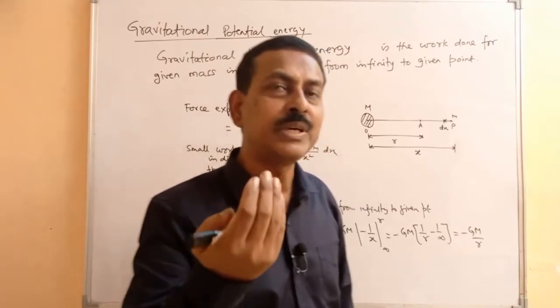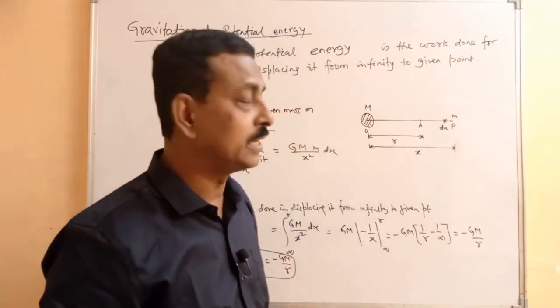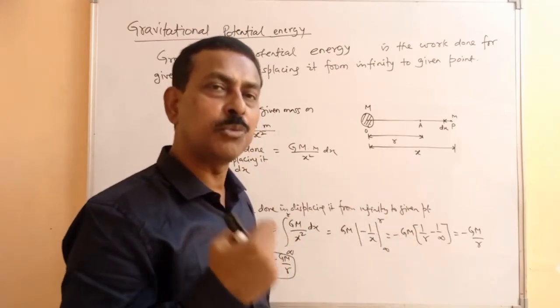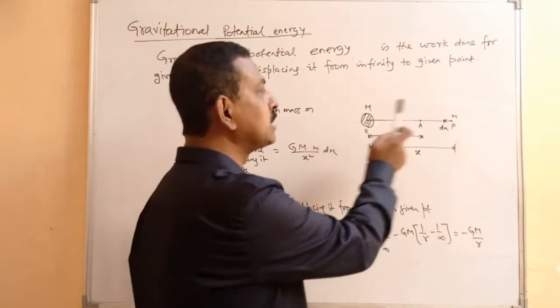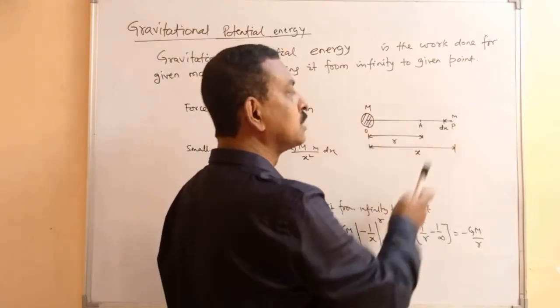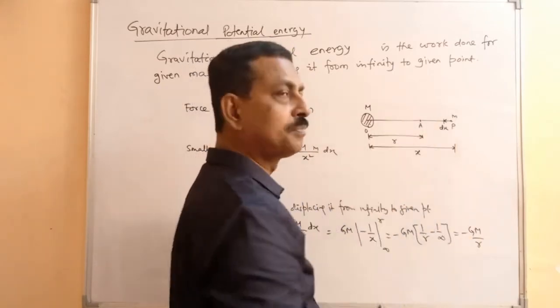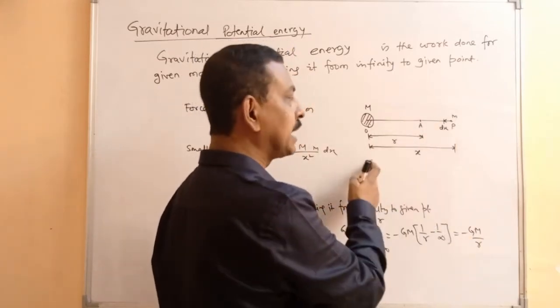So let's see how we derive that mathematically. The derivation will be almost similar to what we have done for gravitational potential. This is the source mass, and suppose the given mass which we want to displace is small m, at a distance x at any moment.